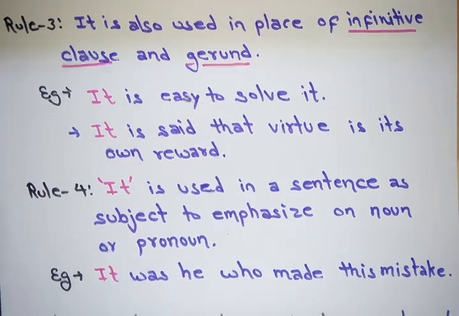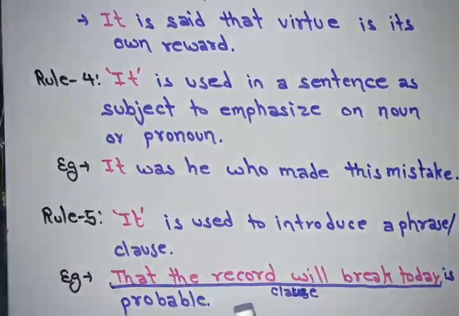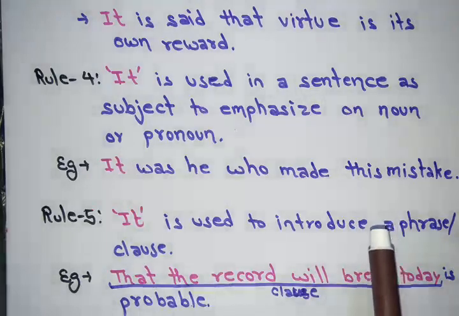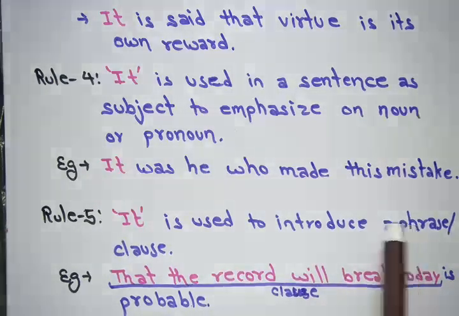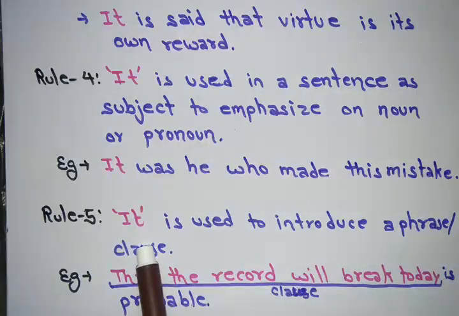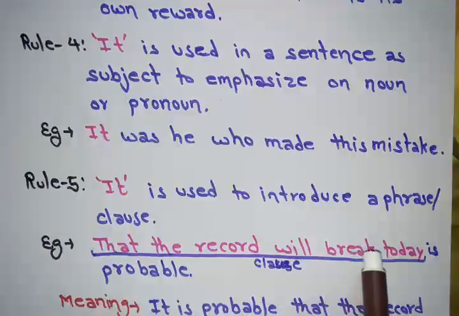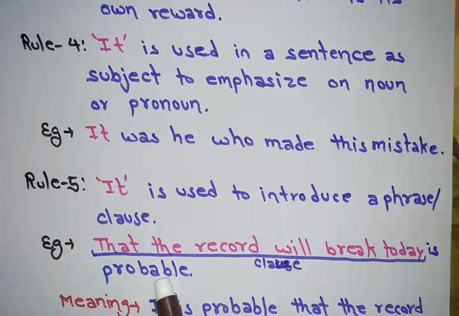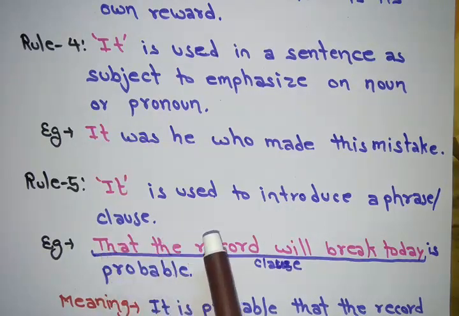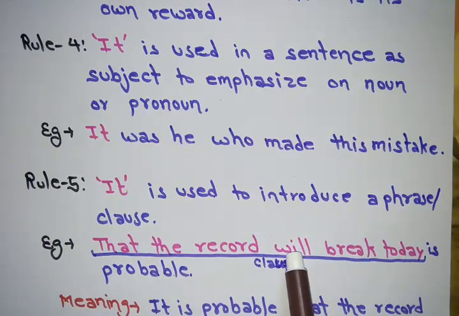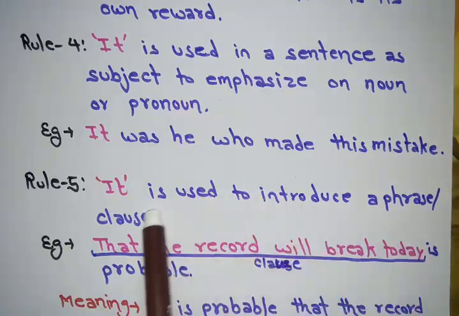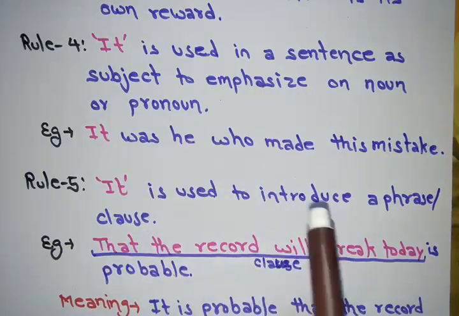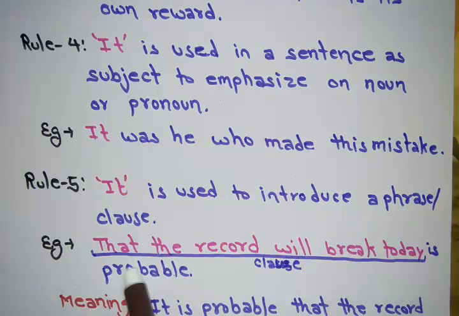Okay. Then rule number five: "it" is used to introduce a phrase or clause. For example, "that the record will break is probable." So "that the record will break today" is a phrase.